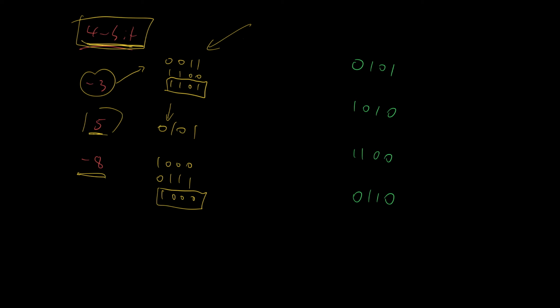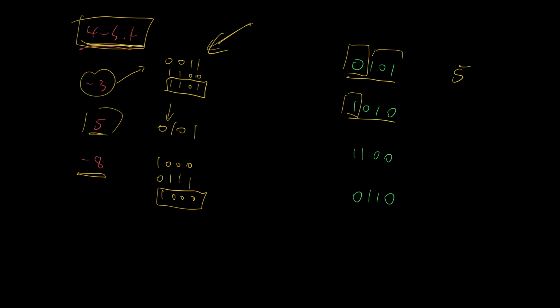So for example, if we're given 0, 1, 0, 1, what do we do? The first thing we do is look at the most significant bit. Because it is a 0, we know this is a positive number, and so we just convert the rest of the number into decimal. So 101 in decimal is 5, so this represents the number 5. Now 1010: look at the leading bit, it's a 1. That means it's a negative number, so we have to apply this procedure.